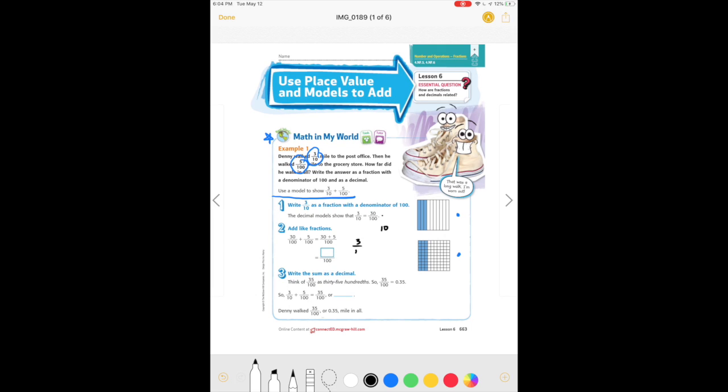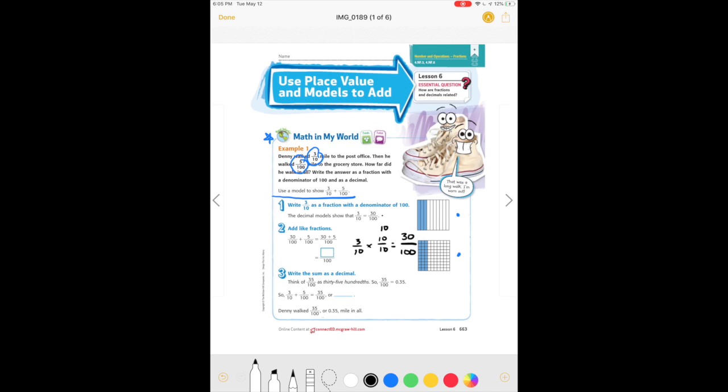So I'm going to take 3/10 times 10 on the top and bottom, and that's how I get 30/100. For this lesson, we're always using 10s and 100s, so we know we're going to have to multiply by 10. If you're going to do it with any other numbers, then you're going to have to find the greatest common factor and multiply. But for the sake of this lesson, we're just using 10.